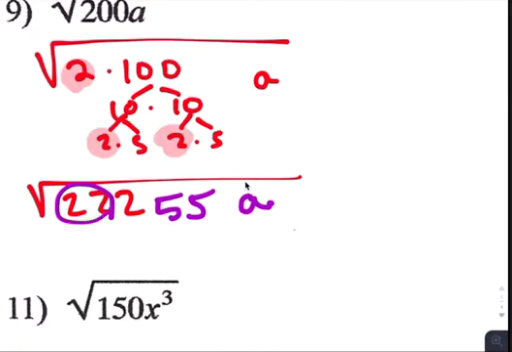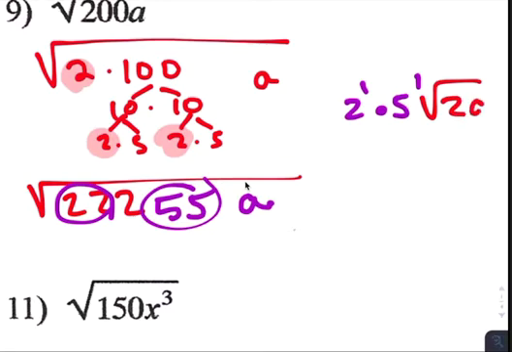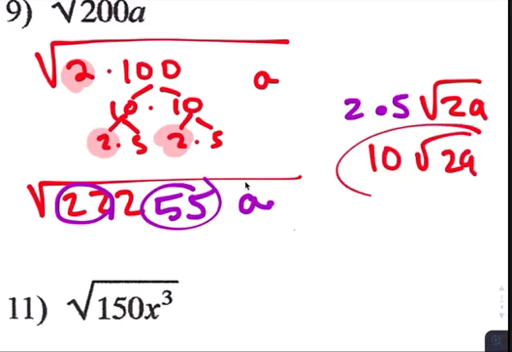But 1, so 2 to the first times 5 to the first, and then the square root of 2 and the A. So you can eliminate the exponent of 1, get 10 square root of 2A.